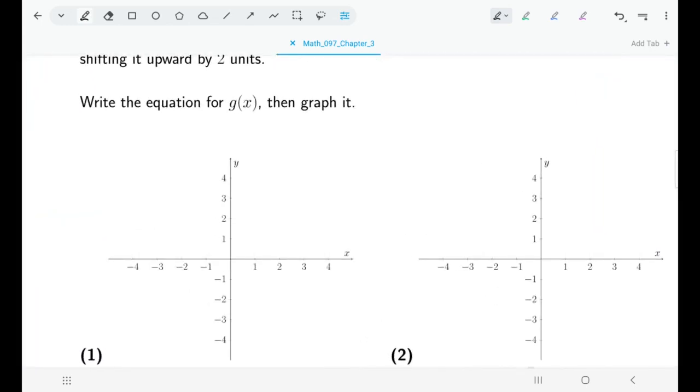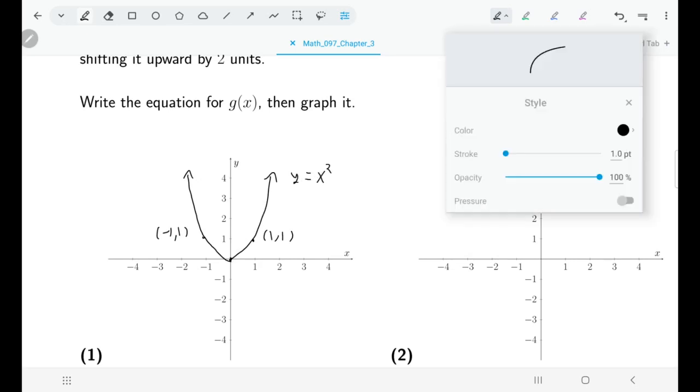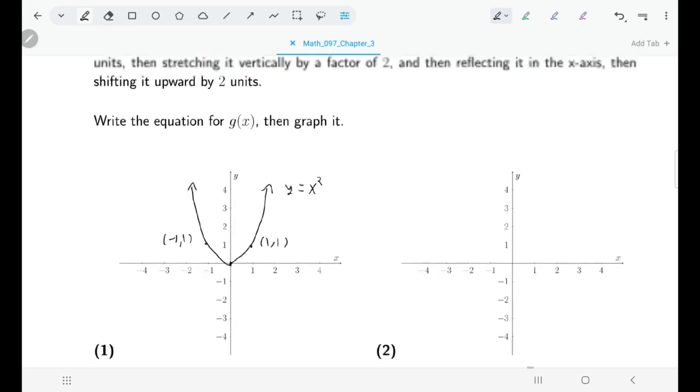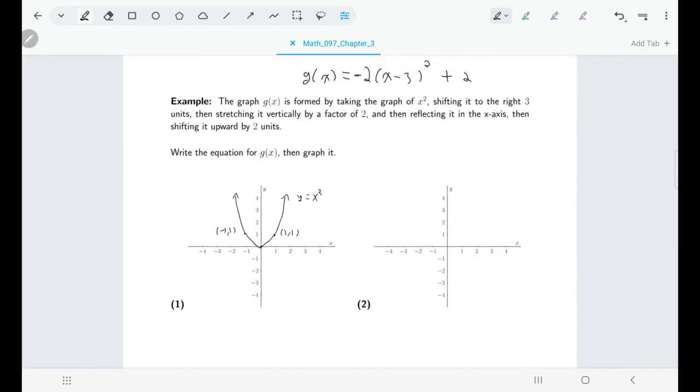So now that I've got all that equation figured out, I can do my graphing without too much difficulty. Start with my basic shape, y equals x squared. Then next, I'm going to be shifting it to the right by 3. So I'm going to be adding 3 to all of my x values. So instead of (1, 1), I'll have (4, 1). Instead of (0, 0), I'll have (3, 0).